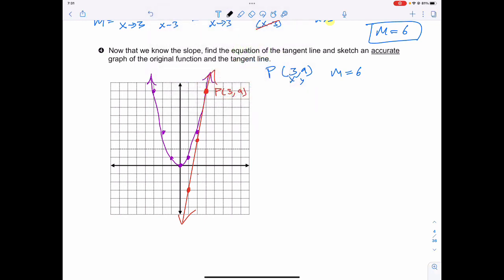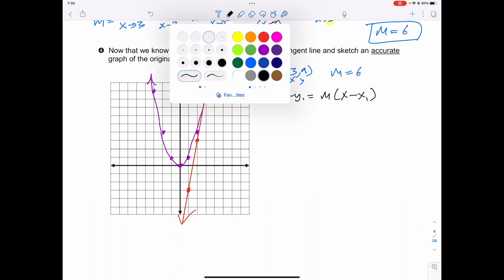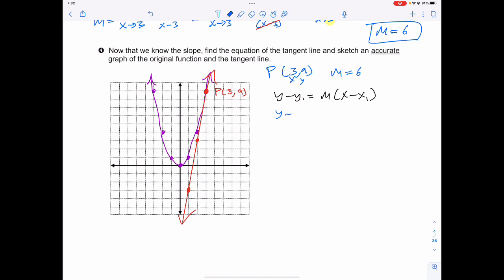My slope point form is y minus y1 is equal to m bracket x minus x1, and I'm just subbing in my values. Y minus 9 is equal to slope of 6 times x minus 3. I expand it out and get rid of the brackets. Y minus 9 is equal to 6x minus 18.